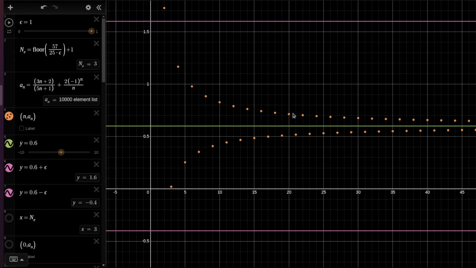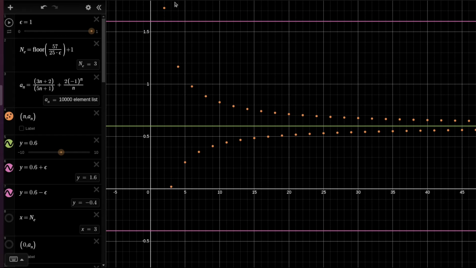And not only is it solvable for some n, but for every n that is bigger than this initial solution, this system of inequalities will also hold. So let's see how it works. Here for epsilon equals 1, all the elements of the sequence lie between the limit, which is 0.6, plus and minus 1.